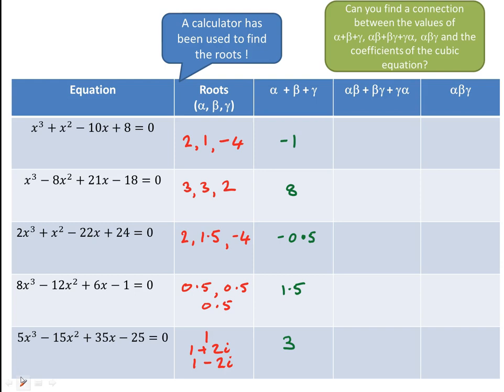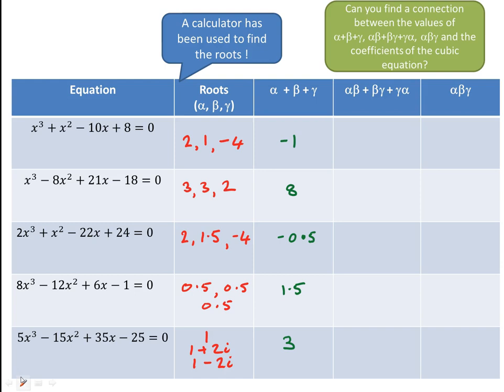In the second equation, the coefficient of x³ is 1, the coefficient of x² is -8, and the value of alpha + beta + gamma is 8. And in the third equation, the coefficient of x³ is 2, the coefficient of x² is 1, and the value of alpha + beta + gamma is -0.5.